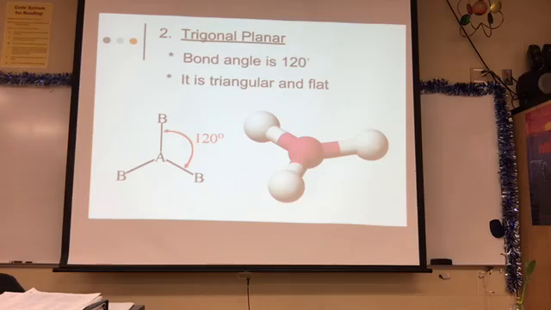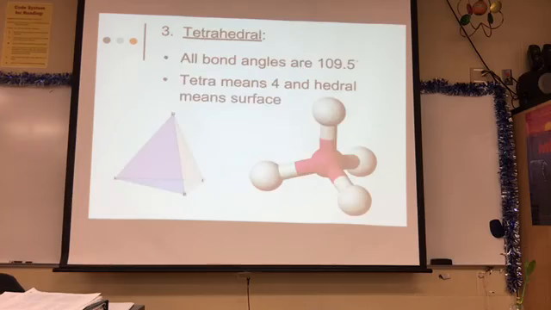Then the next one is called tetrahedral. Tetra means what? 4. So it has 4 arms coming off of it. This is carbon tetrahydride. There's 4 little arms coming off of it. It's like a jack almost. Okay?